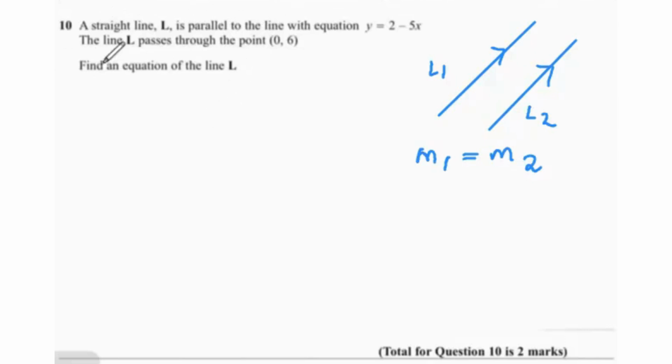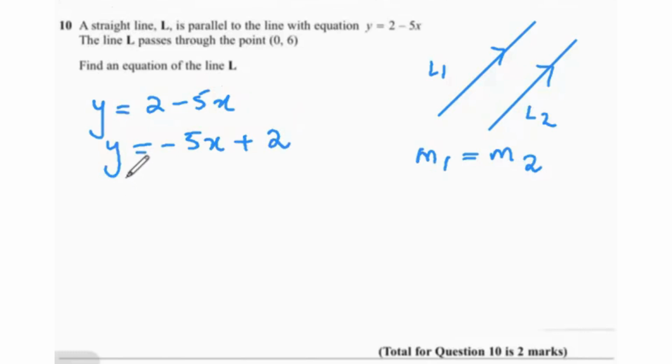So looking at the equation of straight line L, which is y equals 2 minus 5x, let's rewrite this as y equals negative 5x plus 2. The reason behind rewriting is that slope-intercept form is y equals mx plus c. A lot of kids get confused if they write the y-intercept first and then the x.